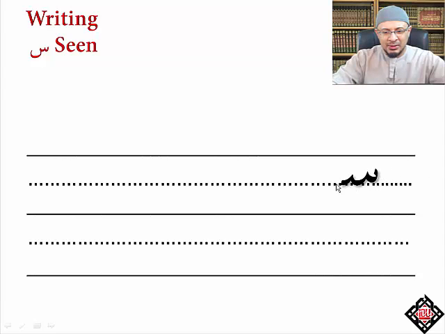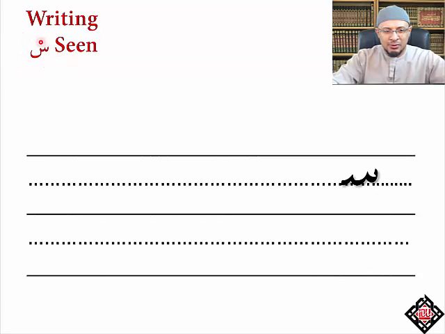Two curved lines. That's the Sin. I'm writing the Sin as if it were the first letter in a word, because you know that words are composed of letters. And the Sin by itself is this. This is the full form of the Sin.